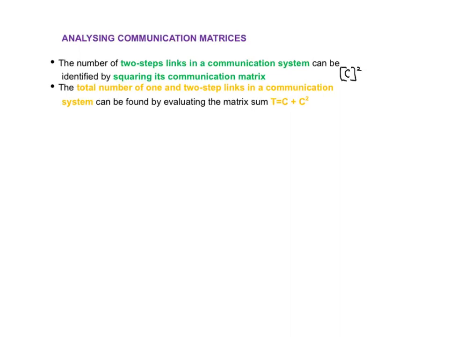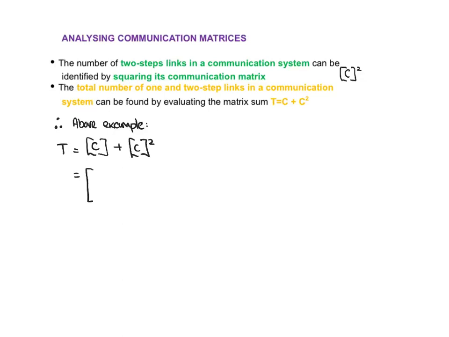So if we're looking at our above example on the page before, we can find that total amount of 1 and 2 steps just by adding these two matrices together. So we'd add the C and the C squared because that's our 1 step and our 2 steps.